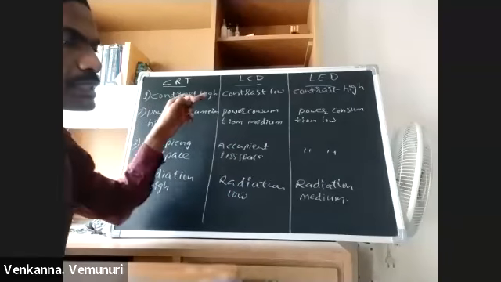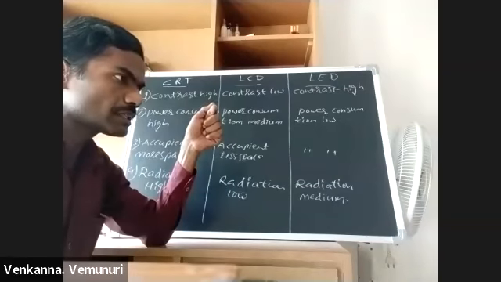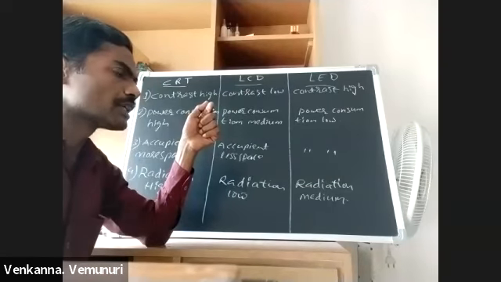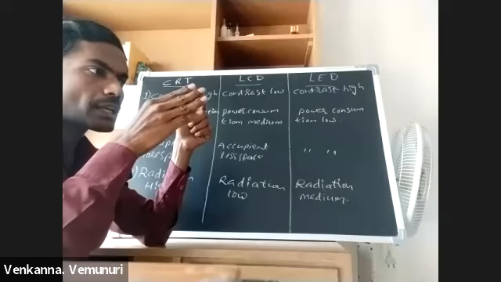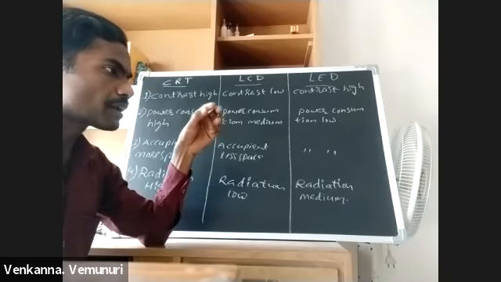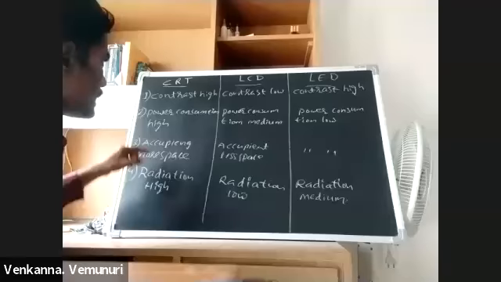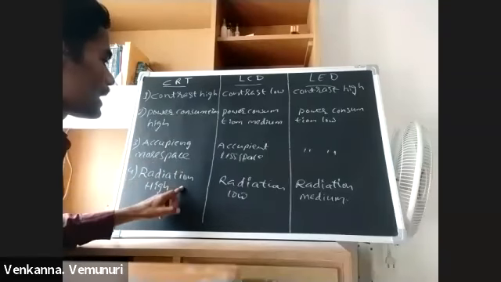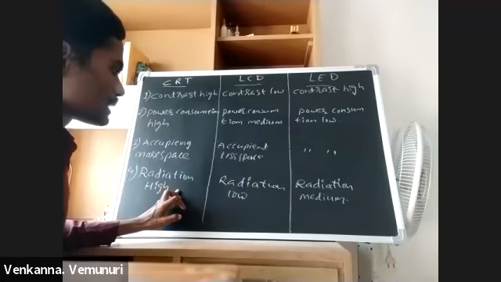In CRT monitor, one electron beam directly hits the front side of the glass, and at that time some electrons come outside, and we are directly observing those electrons. Means in CRT monitor radiation is very high compared to LCD and LED.